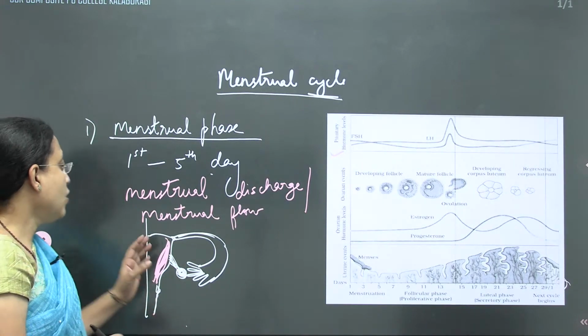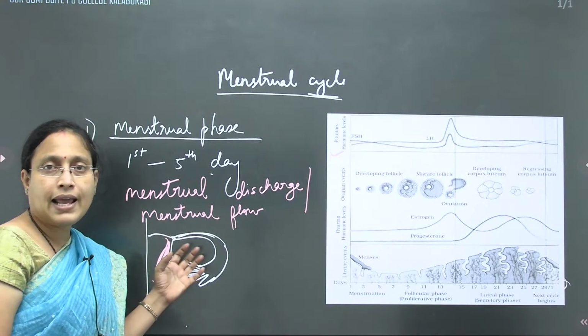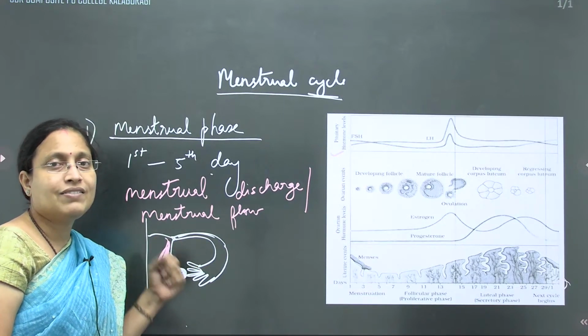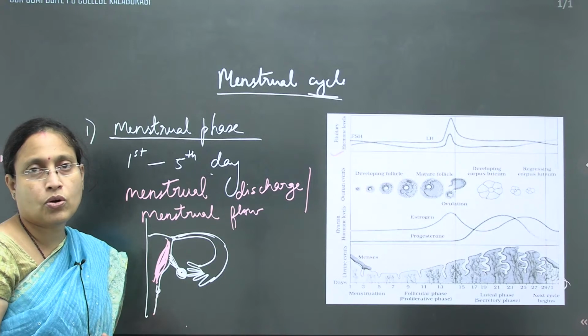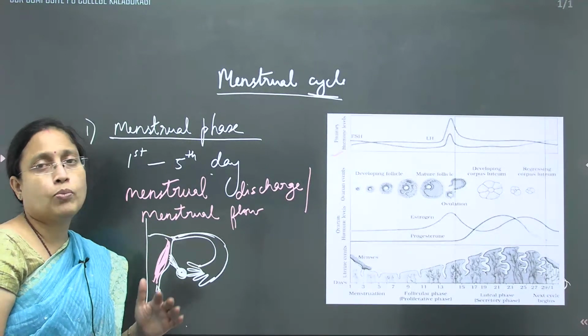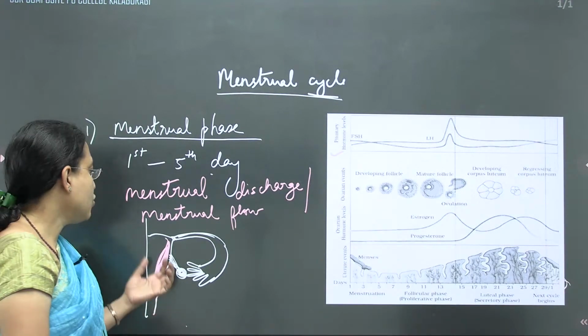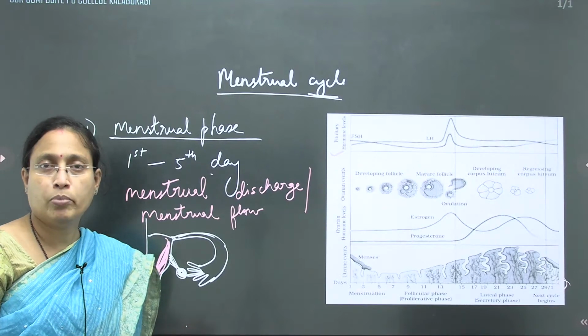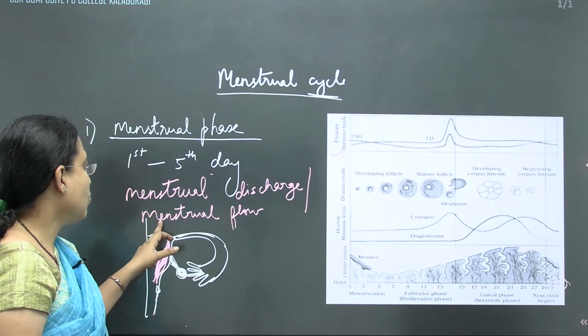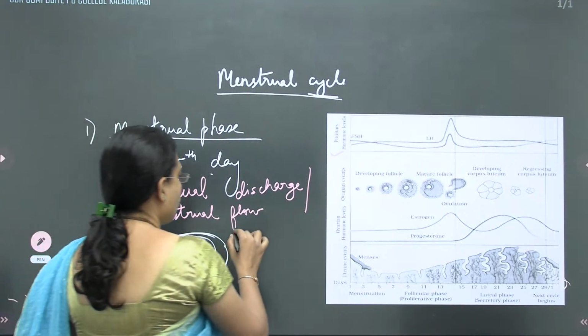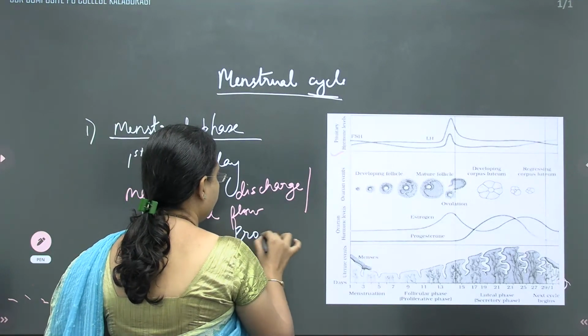The endometrium will be maintained if there is the hormone progesterone. But when that hormone becomes less, the endometrium tends to break. So during this phase, the progesterone concentration drops.